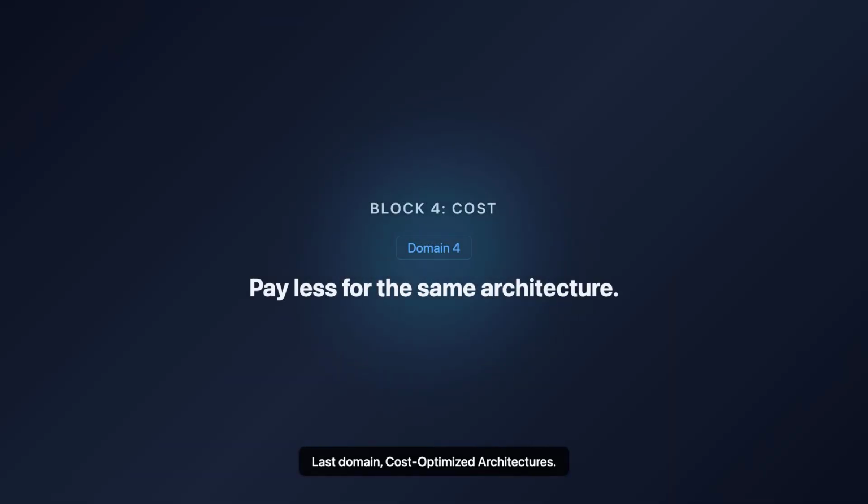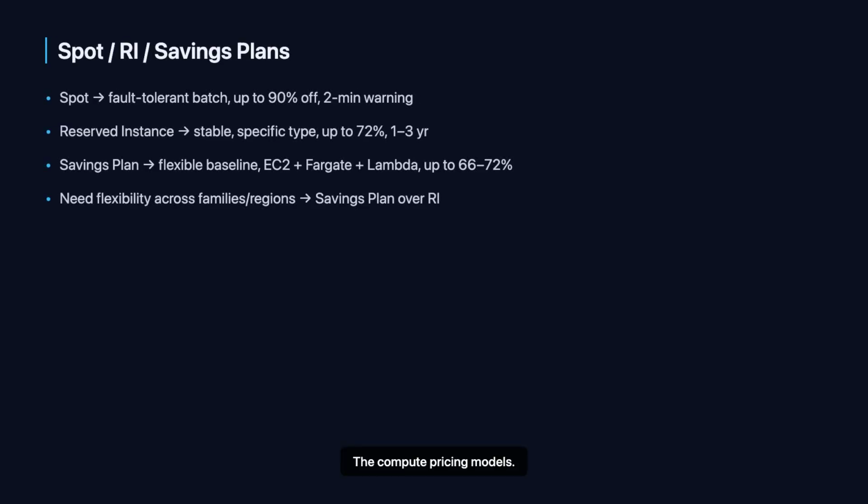Last domain, cost-optimized architectures. Same designs you already know, just built to spend less. A few decision rules cover most of it. The compute pricing models. Spot instances give you up to 90% off for fault-tolerant batch work, with a 2-minute interruption warning.